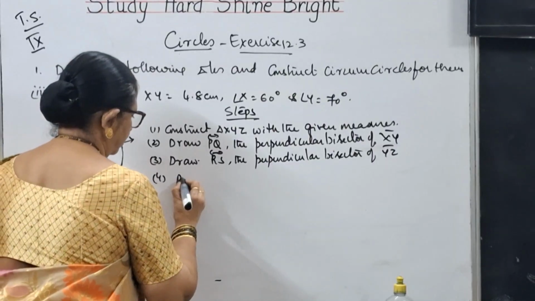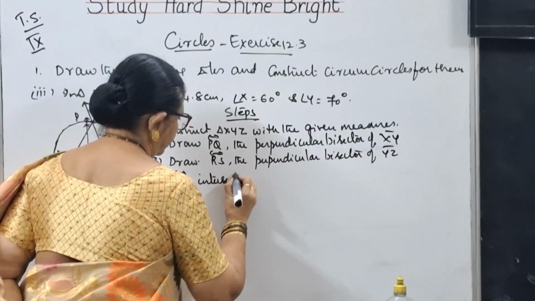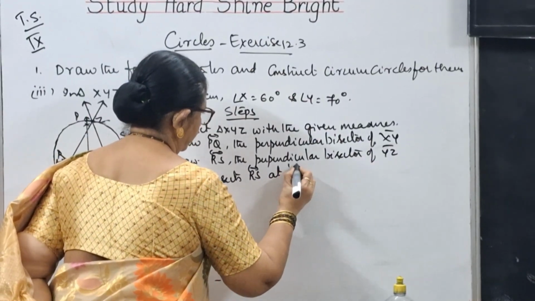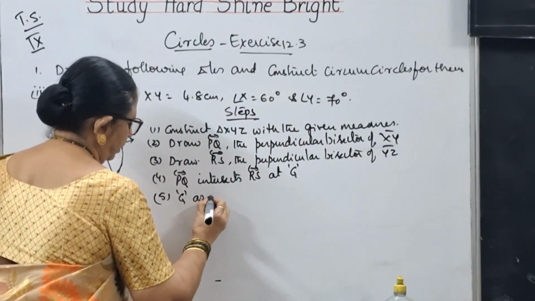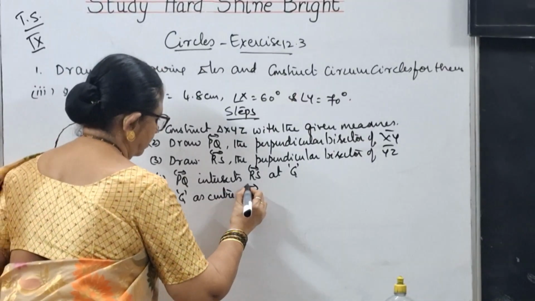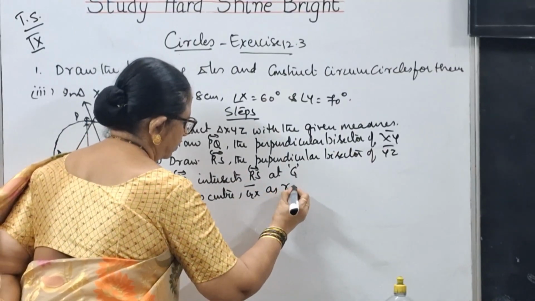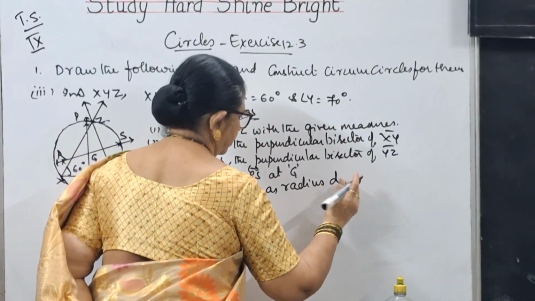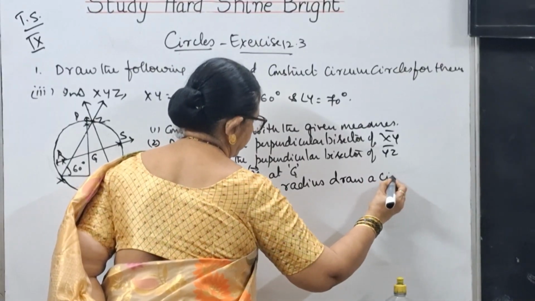Fourth point, PQ intersects RS at G. Fifth point, G as a center, GX as radius, draw a circle.